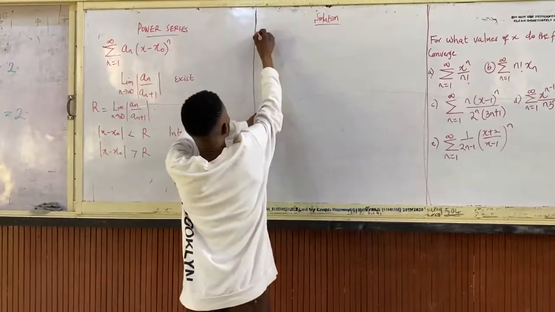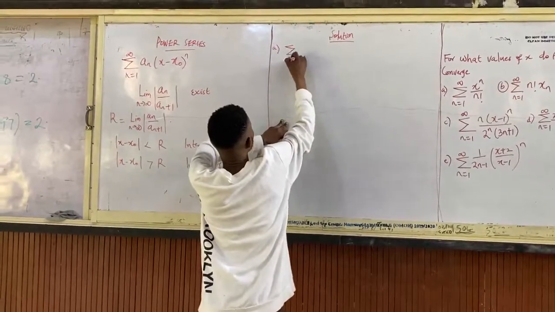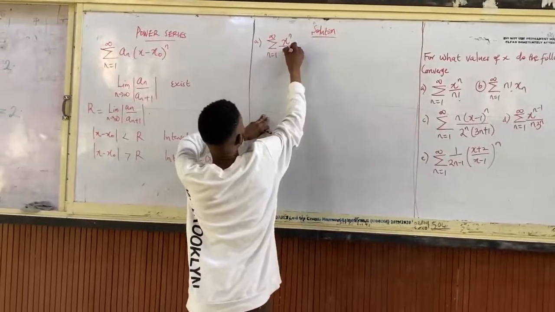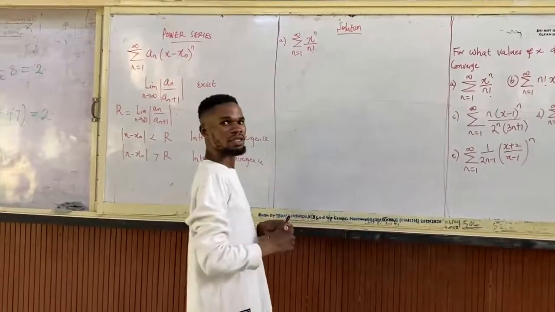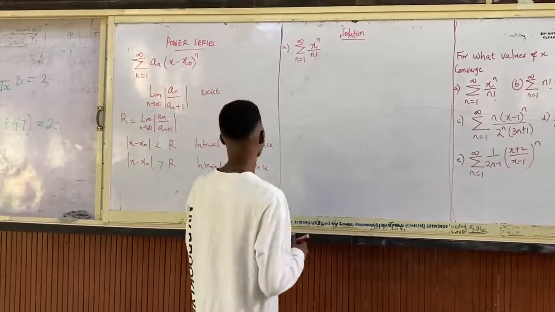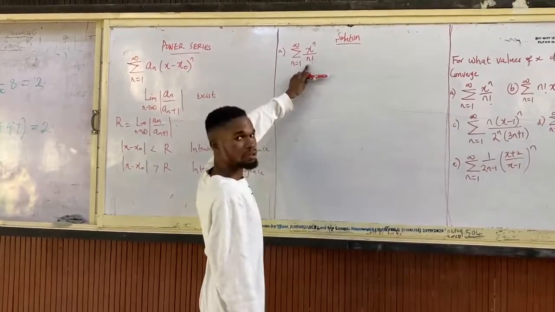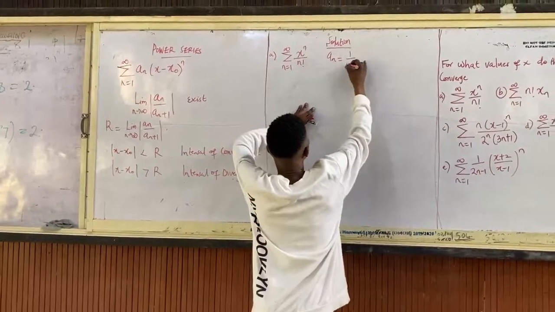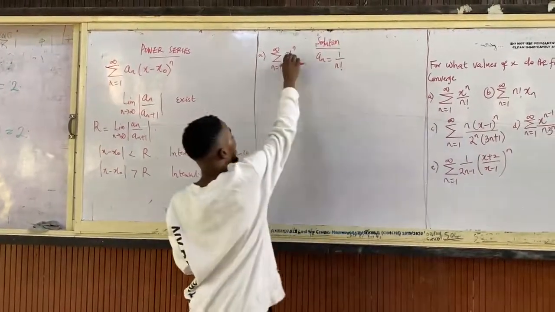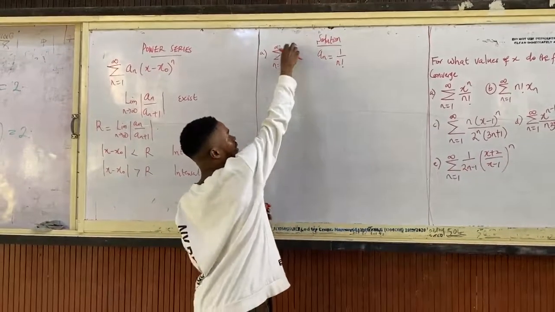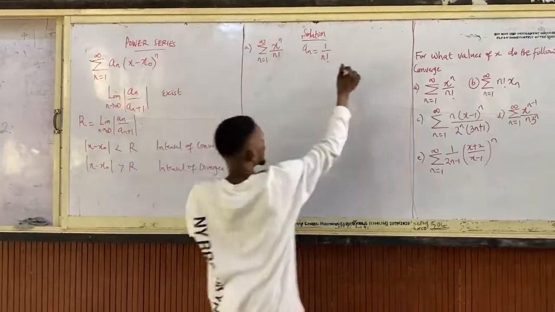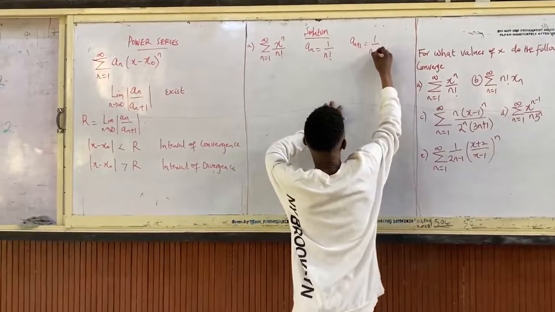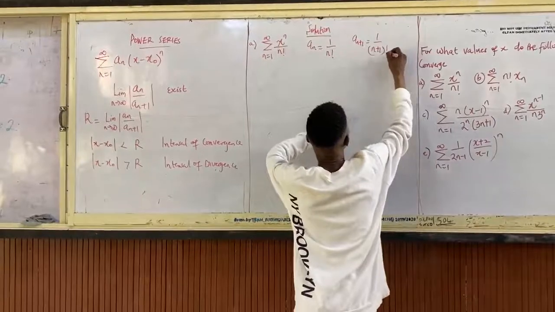The first one is the series from n equals 1 to infinity of n raised to power n over n factorial. Here, we can take our an to be 1 over n factorial, and take the other part as an. Then an plus 1 becomes 1 over n plus 1 factorial.